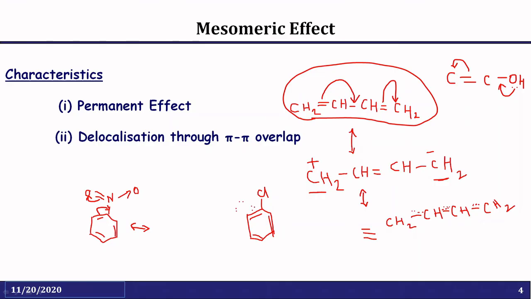Sometimes if a group or an atom present on the aromatic ring has a lone pair, then the lone pair will be transferred to the ring. The electron displacement can occur as shown here. In that case, this is called the plus R or plus M effect. It occurs due to delocalization of pi electrons.